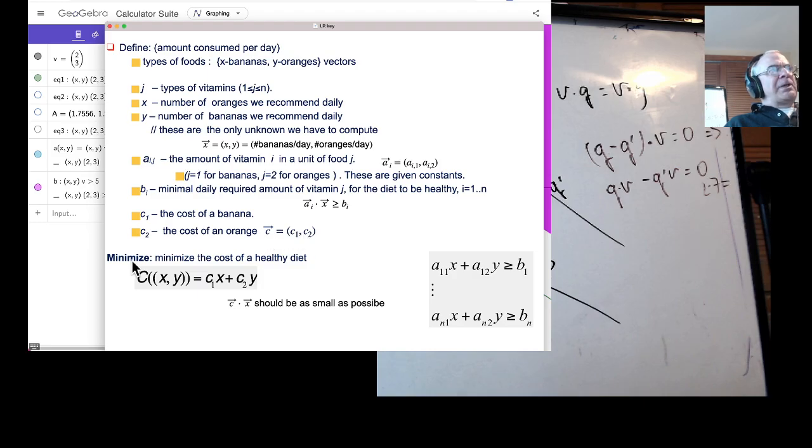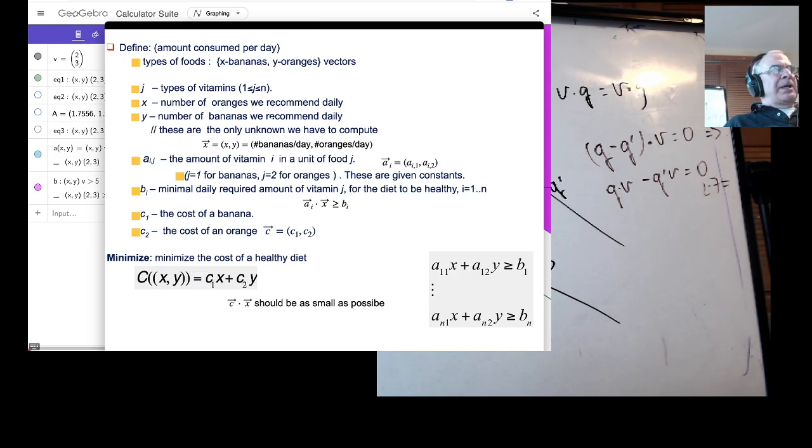And we want to minimize how much money we are spending on bananas and oranges per day. Written using vector notation, the cost function will be C, consisting of C1 and C2, fixed, times X. X is a variable vector. Small x and small y should be as small as possible.